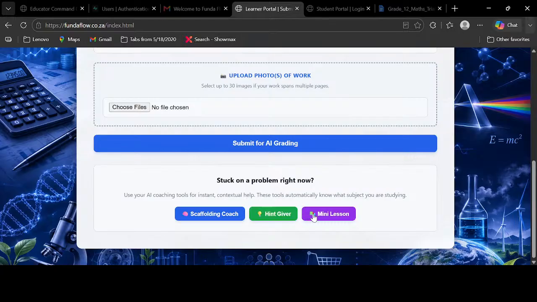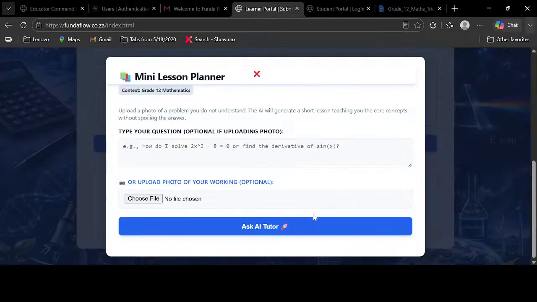And then there's this one, the mini lesson. Let's say you know about Mr. Shong. Mr. Shong can speak very fast, or learners can listen slow, it's up to you how to interpret it. If Mr. Shong was teaching and you didn't understand, guys, you can go to the mini lesson and type which topic you want a mini lesson of. It might be derivatives, it might be sequences and series.